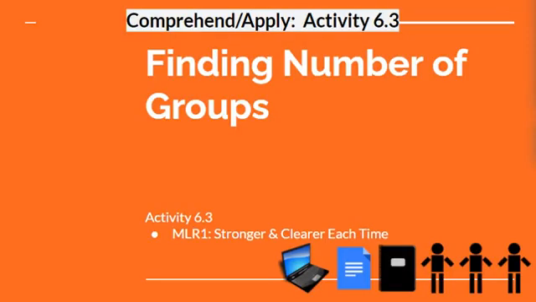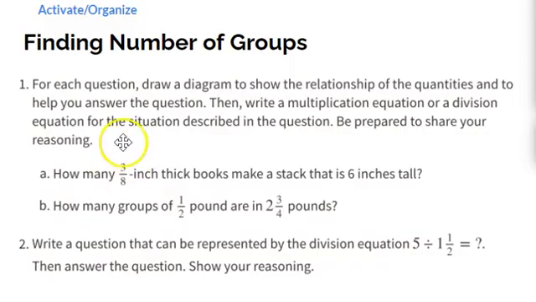All right, let's talk about finding number of groups. We want to think about a diagram for each of these and talk about the multiplication and division for each, so we can see if we can figure out what's going on. The first one says, how many 3/8 inch thick books make a stack that is 6 inches tall?